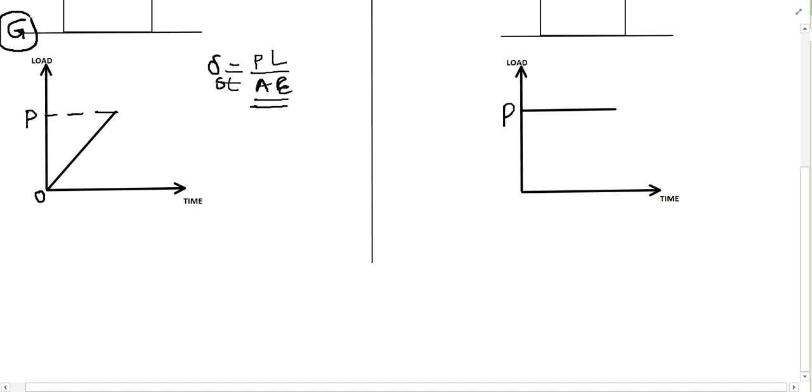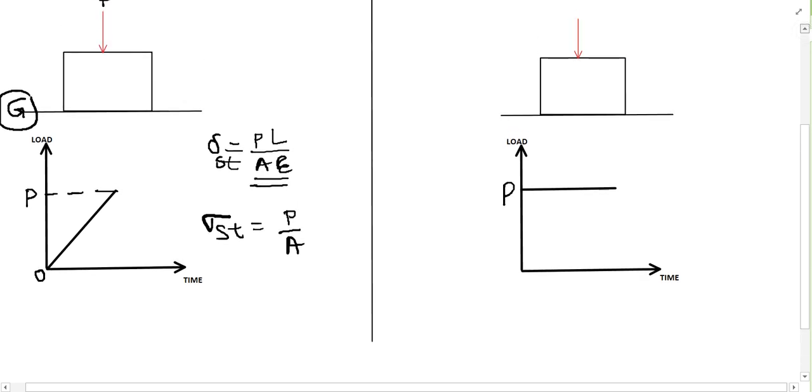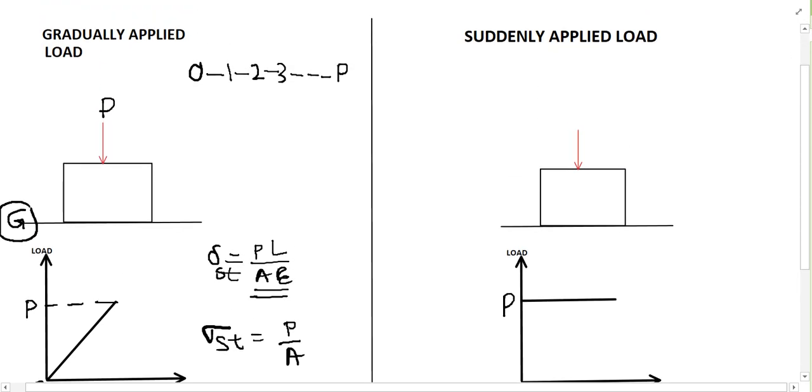So delta static is nothing but PL by AE, and the stress here, sigma static, is nothing but load upon cross section area. So this gradually applied load is simple. We know the formulas for it: elongation is PL by AE and stress is P by A.